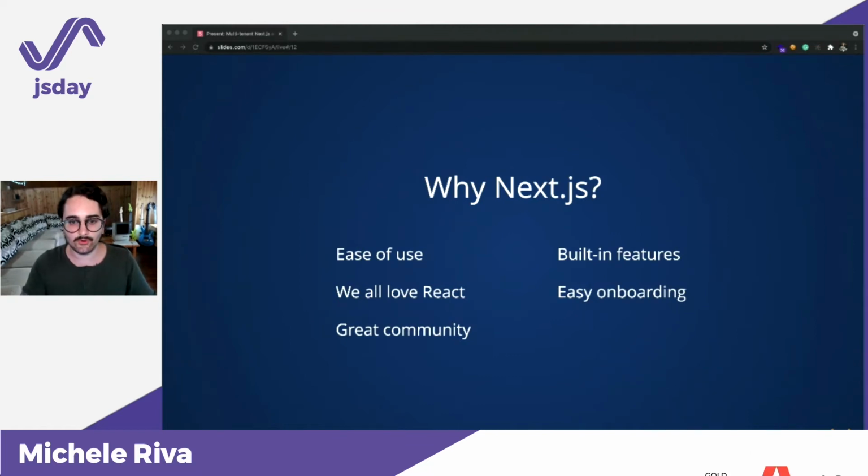Next.js has some incredible built-in features, such as automatic image optimization, meaning that if you host an image from your Next.js web server, it will automatically optimize it for serving over the web, over the internet, using next generation formats such as WebP and stuff like that, when it's supported, of course. It's also easy to onboard people because Next.js is widely used, React is widely used, so it's easy to take developers and make them productive in just a few days on our projects.